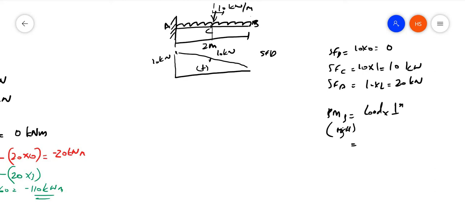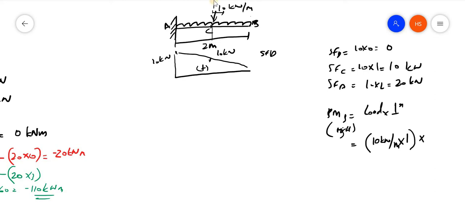So what is the load here? It is a UDL. So the load will be 10 kilonewton per meter; in order to convert it to a load you have to multiply it with the distance, that is 1. This is the load into the perpendicular distance.